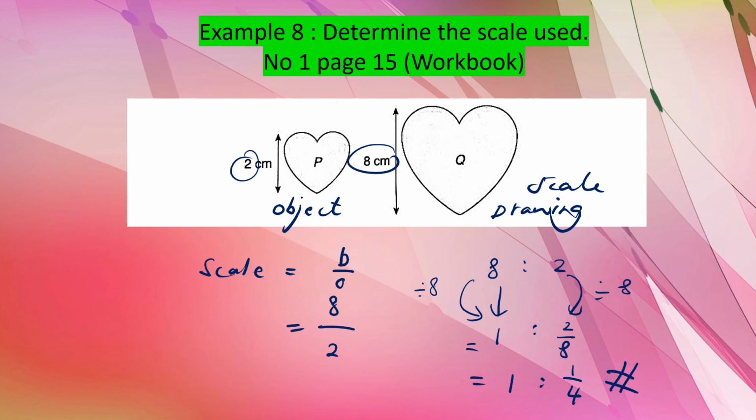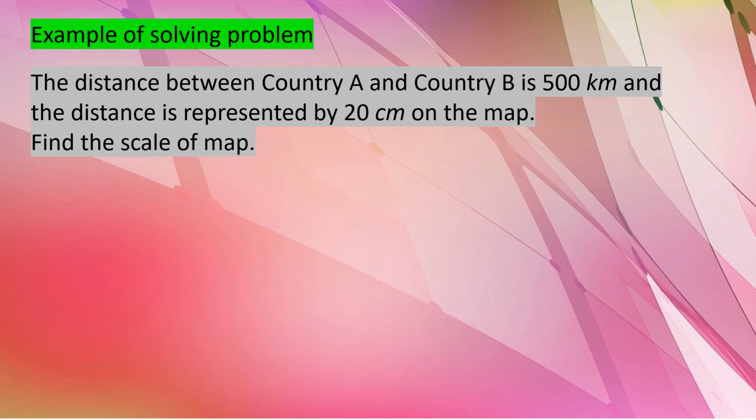So this is the last example of solving problems. The distance between country A and country B is 500 km, and the distance is represented by 20 cm on the map. Find the scale of the map. 500 km is the actual distance, and this is the distance on the map. So you convert the 500 km to centimeters first.